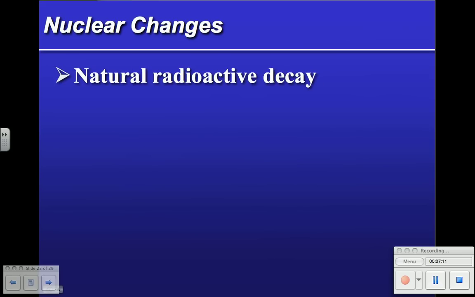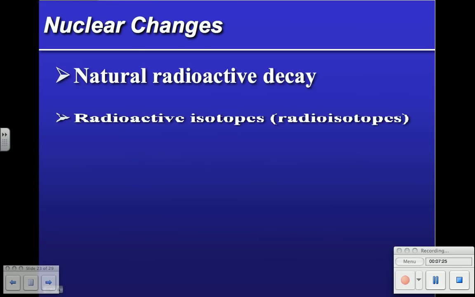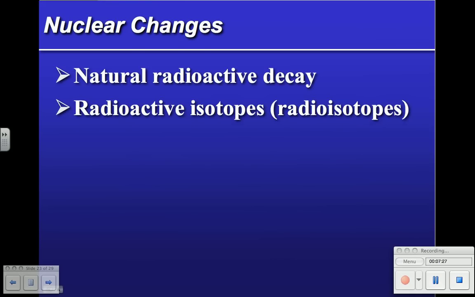Okay, now we're going to talk real briefly about nuclear changes and nuclear chemistry. So, like I said in class when I was talking about carbon-14, there are things that undergo natural radioactive decay. This is related to radioactive isotopes, things that, because the nucleus for one reason or another doesn't have the right ratio of neutrons to protons, are going to decay.